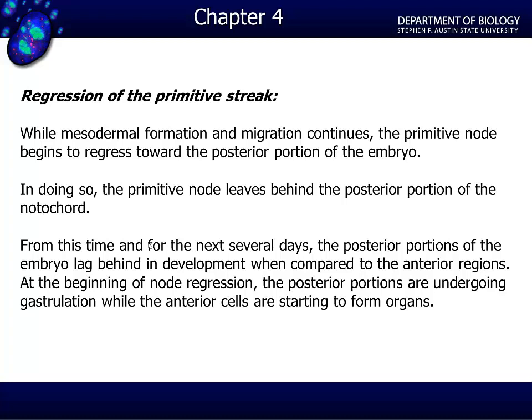In this case, the regression of the primitive streak really is due to the fact that the rest of the embryo is growing so fast, this primitive streak doesn't grow. And so you're talking about a microscopic primitive streak that's outgrown by a 9-month-old baby. Hopefully you can get an appreciation for that.